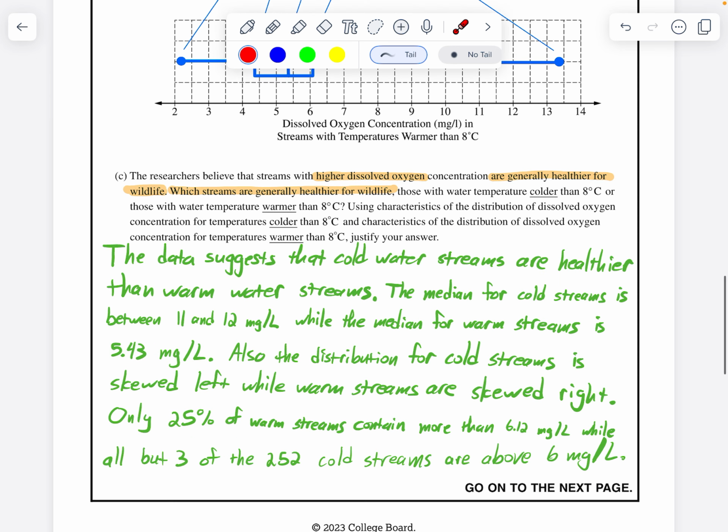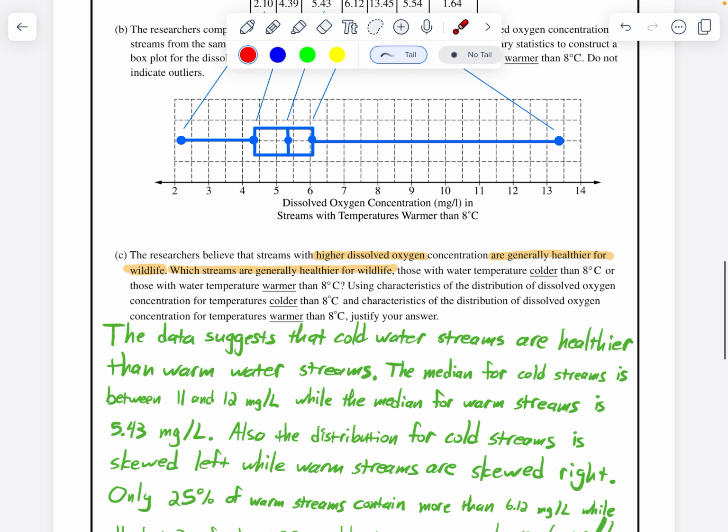Then C is a comparison question. It gives you a little context. It said the researchers believe that streams that have more oxygen are healthier. Which streams are healthier? The cold ones or the warm ones? Use characteristics of the distribution to compare your answers.